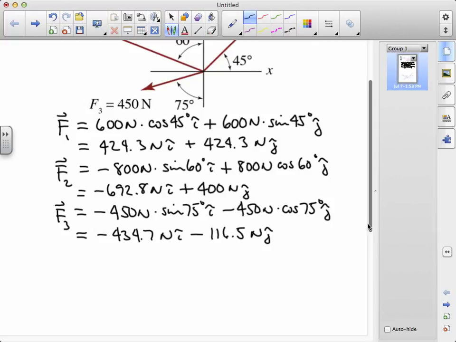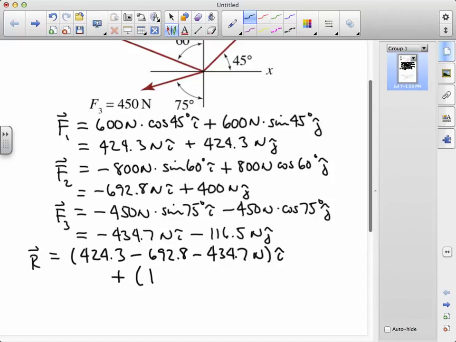To find the resultant, we again just add all the i components together and all the j components together to get the components of the resultant. So we have 424.3 minus 692.8 minus 434.7 newtons in i, and we have plus 424.3 plus 400 minus 116.5 newtons in j.